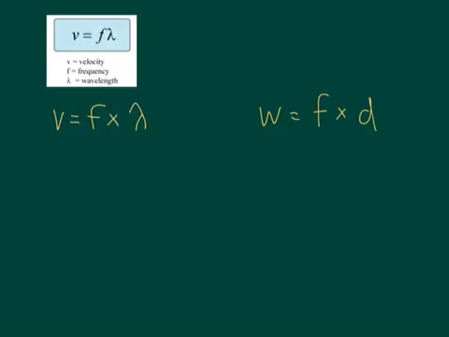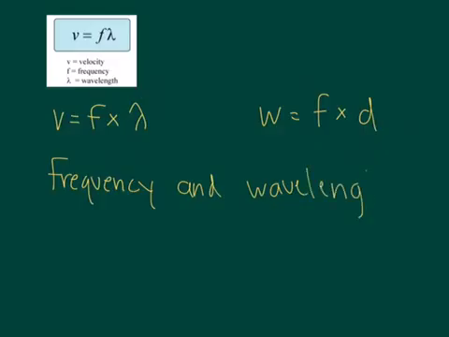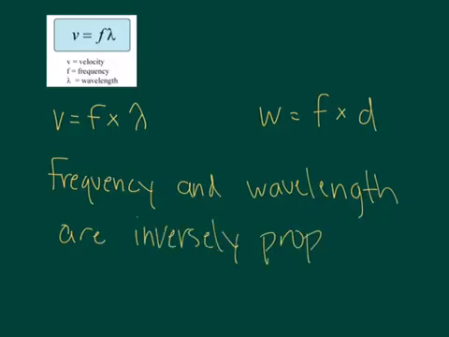Just like force and distance are inversely proportional, frequency and wavelength are inversely proportional. In other words, as one goes up, the other goes down. As one increases, the other decreases. As frequency increases, wavelength decreases.